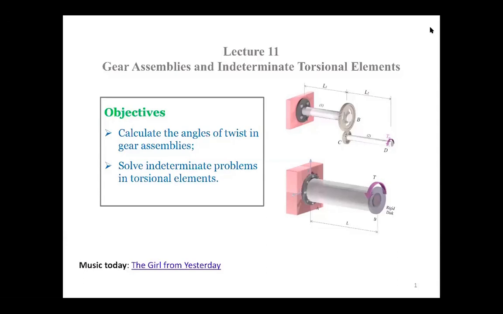You have to find additional equations from the compatibility condition, to make sure that you have the same number of equations as the number of unknowns, and you can solve them simultaneously. So that is the principle, and our objectives today: calculate the angle of twist in gear assemblies and solve indeterminate problems in torsional elements.